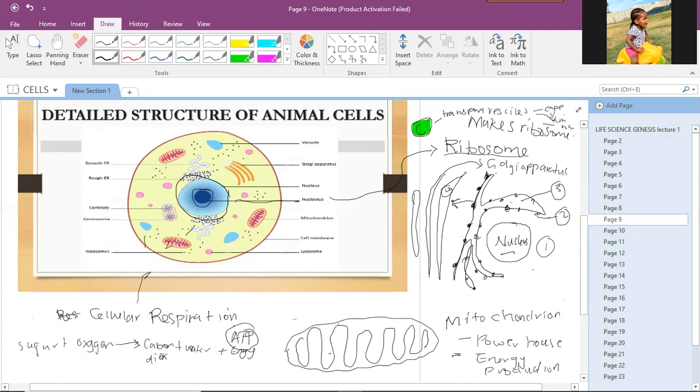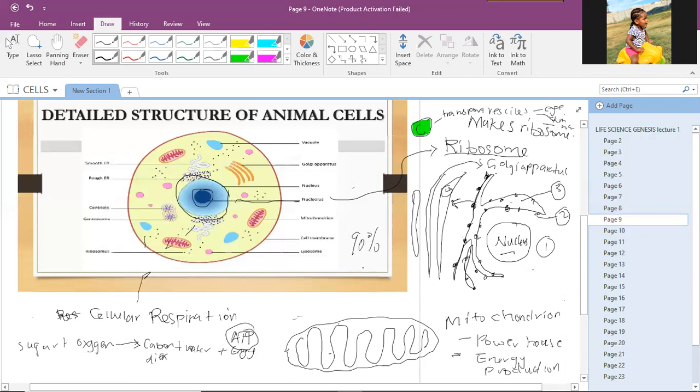So the nucleus instructs, the ribosomes make, the rough endoplasmic reticulum modifies, the Golgi apparatus packages and transports, the mitochondrion provides all the necessary energy that is needed to carry out all these cellular functions. And where do all these cellular functions take place? Inside the cytoplasm, which is 90% water.